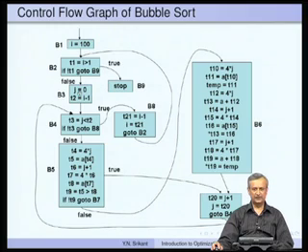Then here starts the j loop with j equal to 0, and the upper bound of the loop is I minus 1. You check the upper bound; if it is violated you jump out, if it is not violated you continue with the rest of the program.